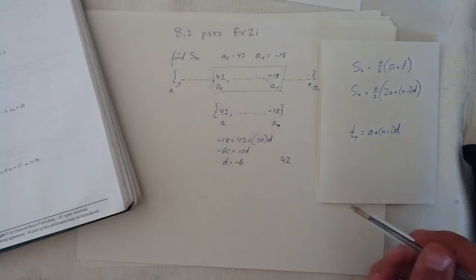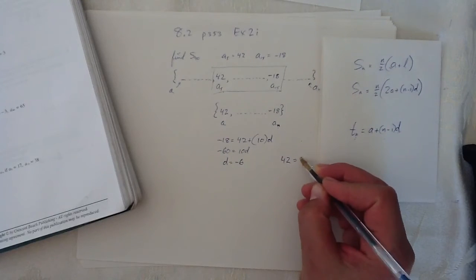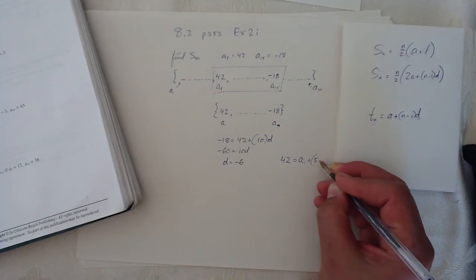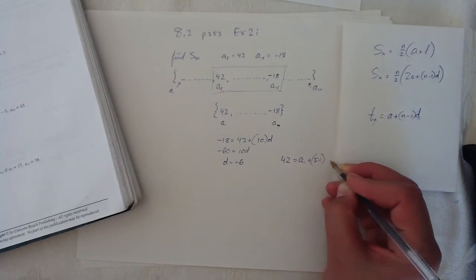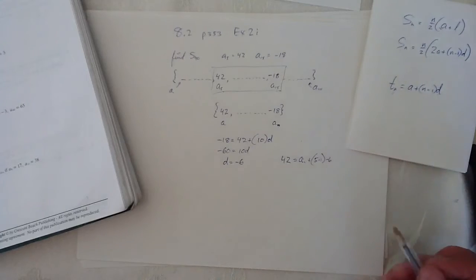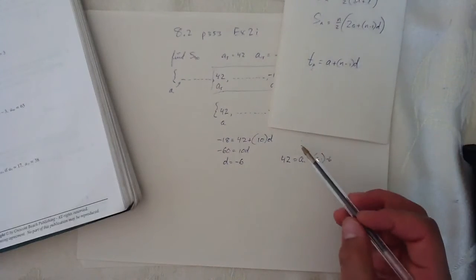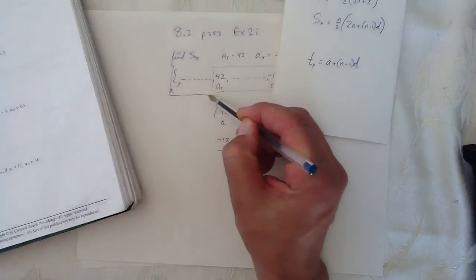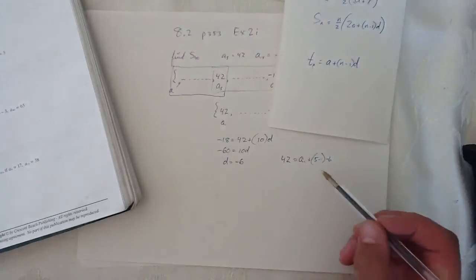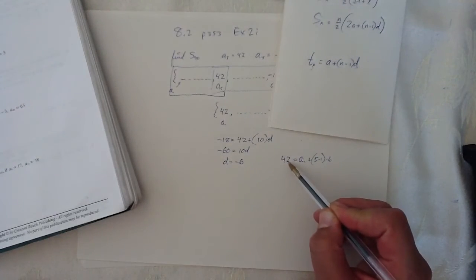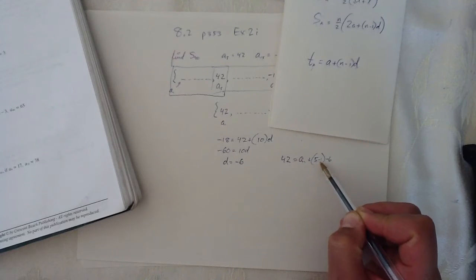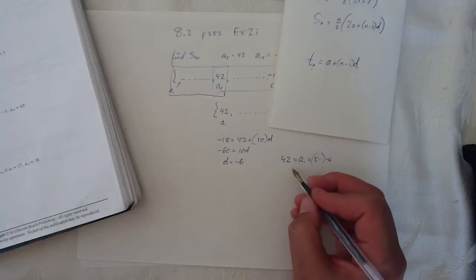If 42 is A5, then 42 equals A1 plus 5 minus 1 times negative 6. So I put 42, which is A5, and term number 5 equals the first term plus 5 minus 1 times negative 6.